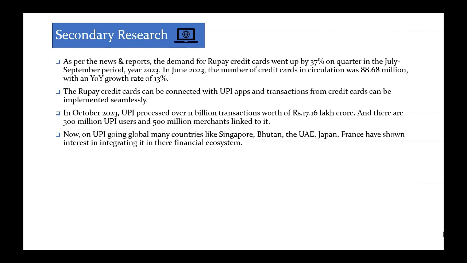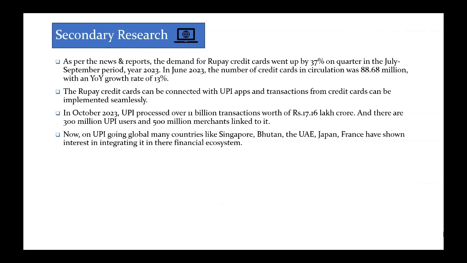And second is about UPI and its popularity. UPI is gaining popularity, as we can see that it has 300 million UPI users and 500 million merchants, and now that it is going global, countries like Singapore, Bhutan, the UAE, Japan, France are also interested in integrating it in their financial ecosystem.